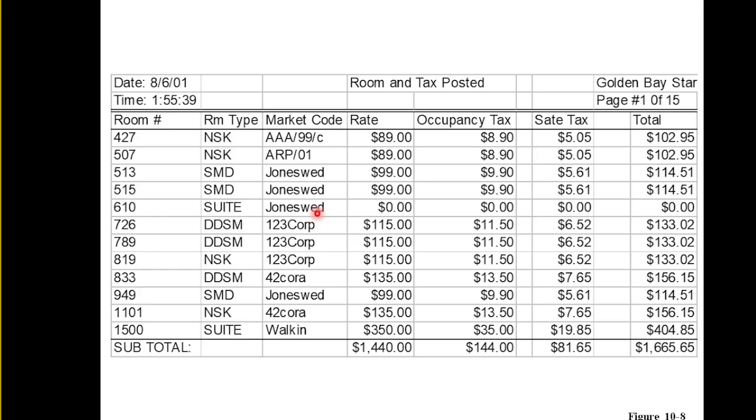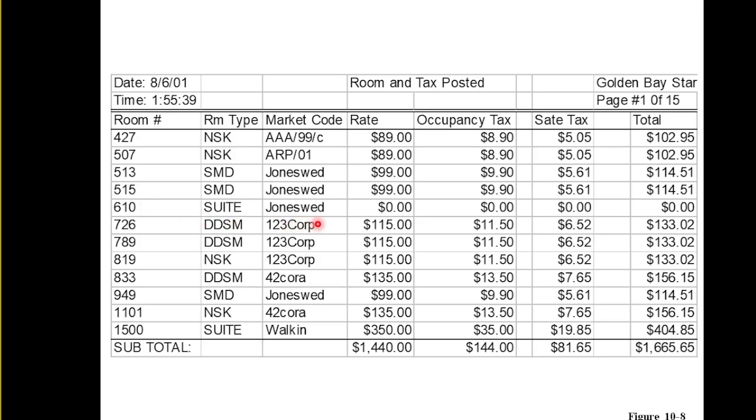Okay, so ARP 01 is actually an advanced reservation promotion. This one here, it's an advanced reservation promotion.